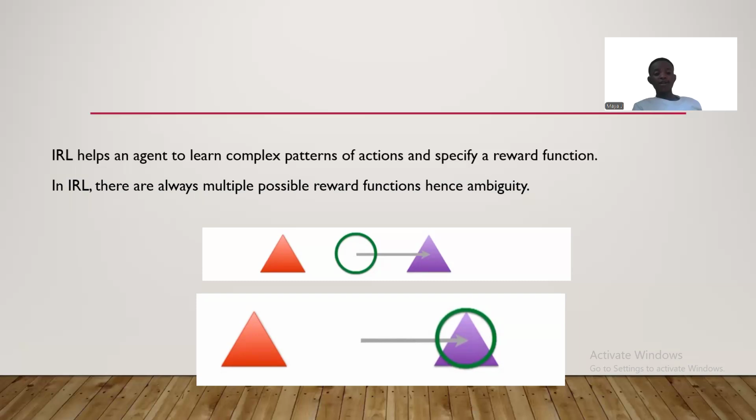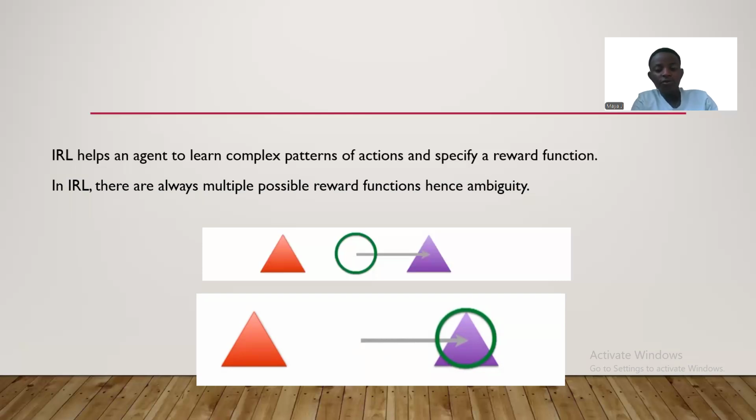So as you have said, inverse reinforcement learning always has multiple possible reward functions. For example, in this case, we have an orange triangle. One reward function might have been to move away from the orange triangle, and it finds itself in the purple triangle.